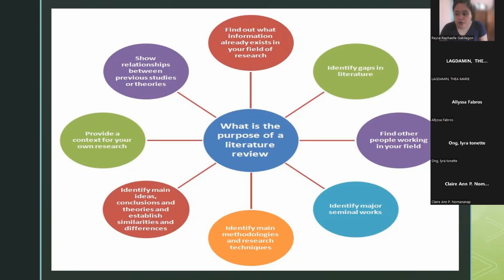So we may also do comparisons of existing studies that are related to our research topic to know what their methodologies are and at the same time to compare their results. Kasi baka naman yung isa positive yung result niya, yung isa negative.